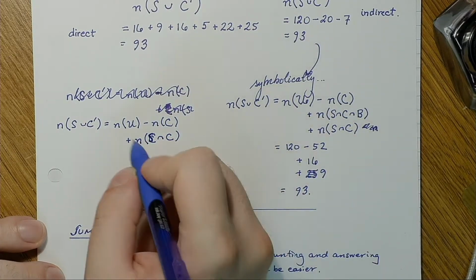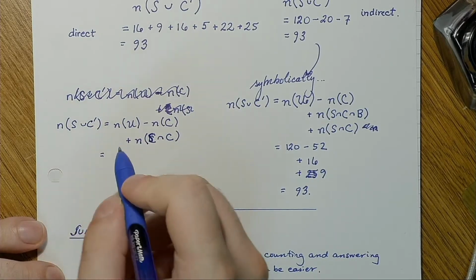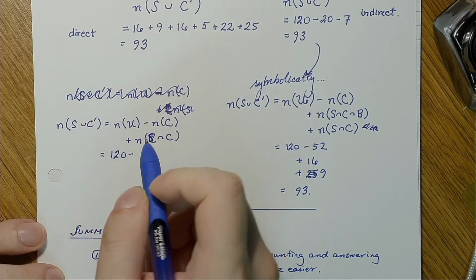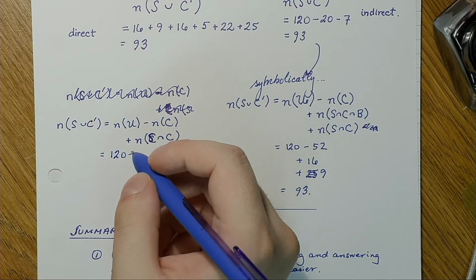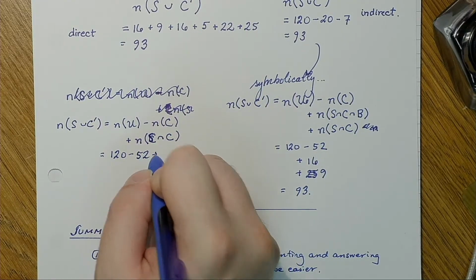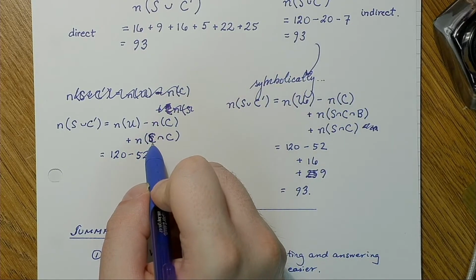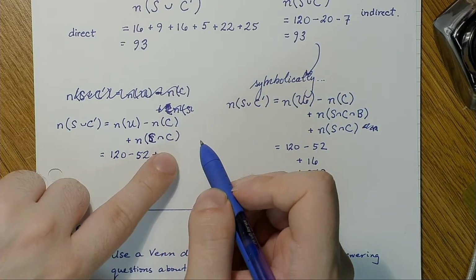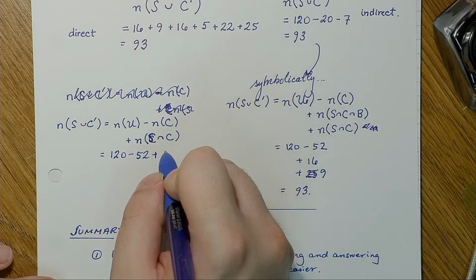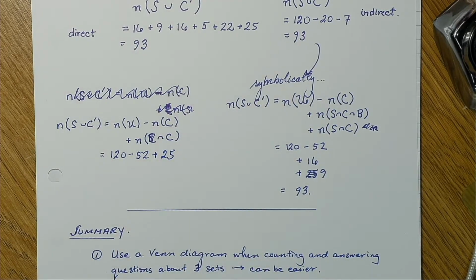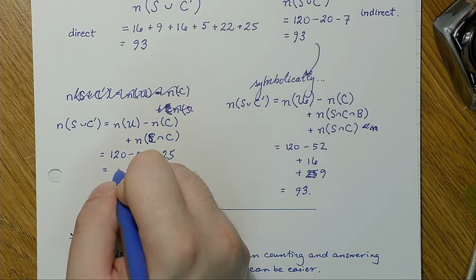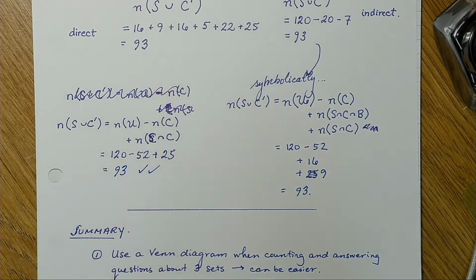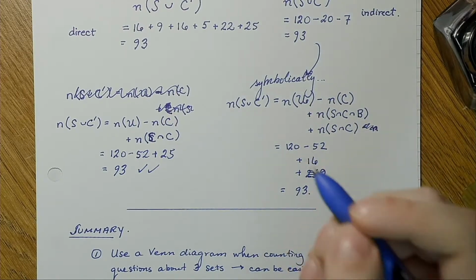Okay, I think that's okay. Let's see if he's got that. So I have 120 minus, in the CD people, there's 52, plus the intersection of the satellite people and the CD is 25. So let's check that out. Okay, so 120 minus 52 plus 25 gives you the 93. Perfect, so that's what we wanted.